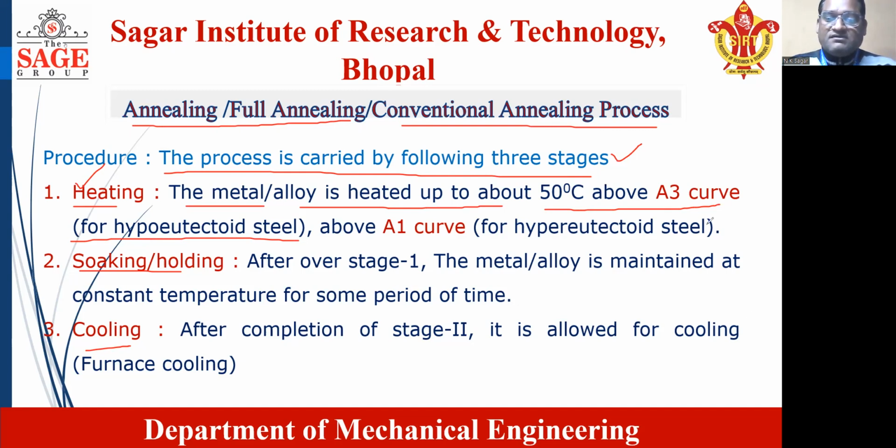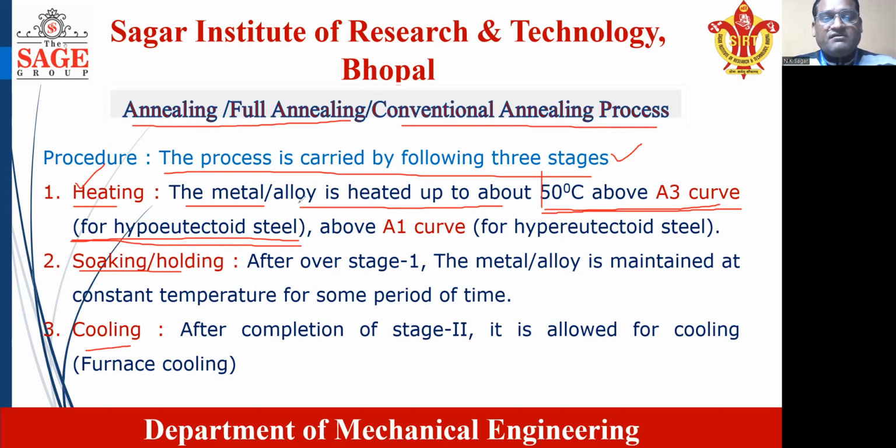In the annealing process, this certain temperature is about 50 degrees Celsius above the A3 curve for hypoeutectoid steel. Hypoeutectoid steel means steel in which the carbon content varies from 0 to 0.8%.